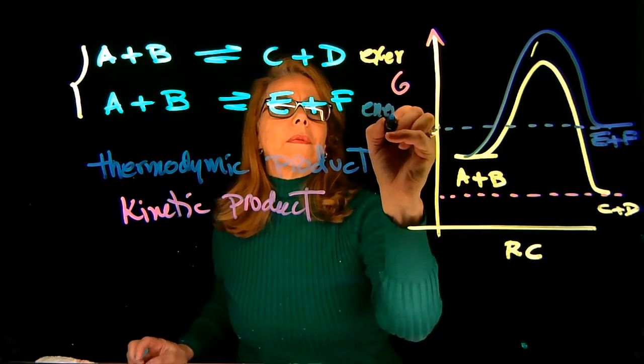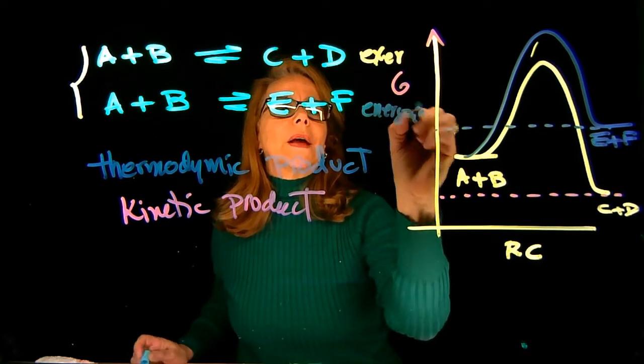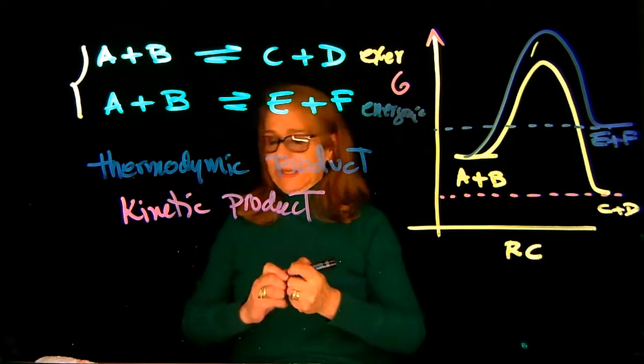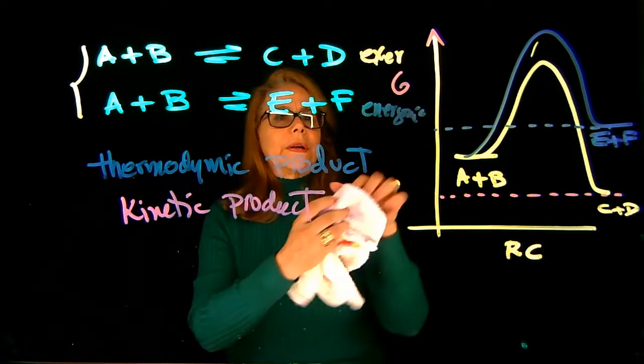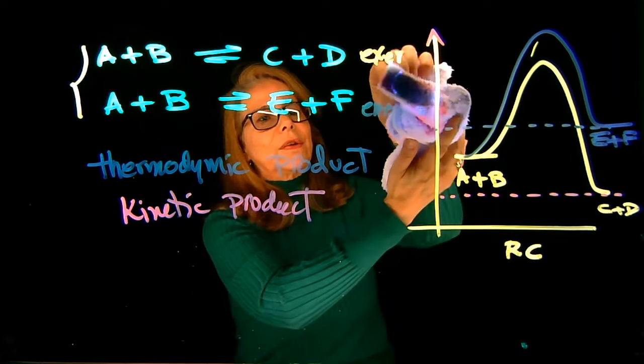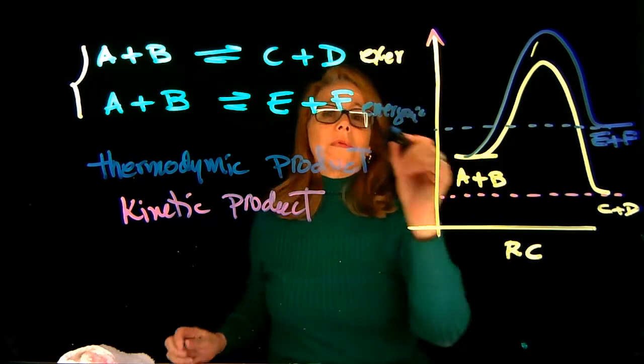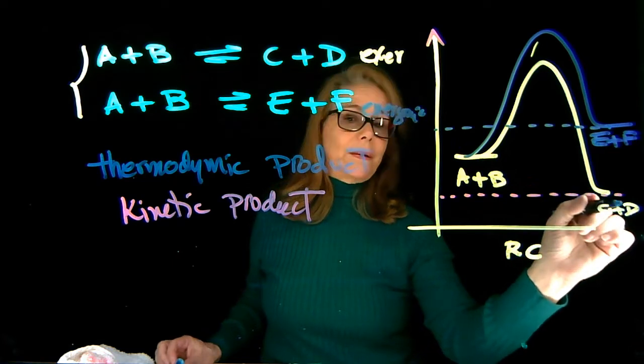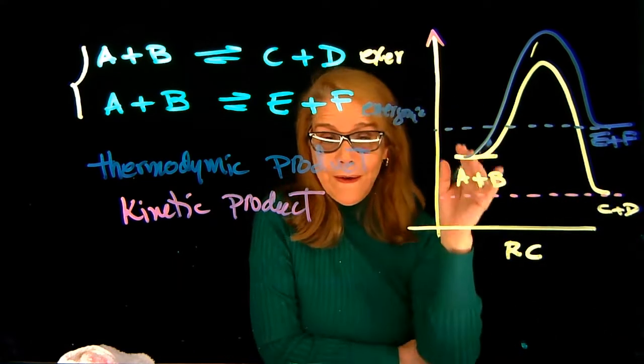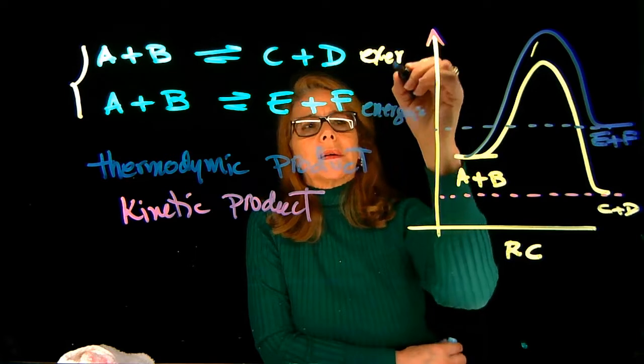That says a reaction that is exergonic is product favored, whereas a reaction that is endergonic is reactant favored. So right there, the one that is product favored is this one, so that's your thermodynamic product.